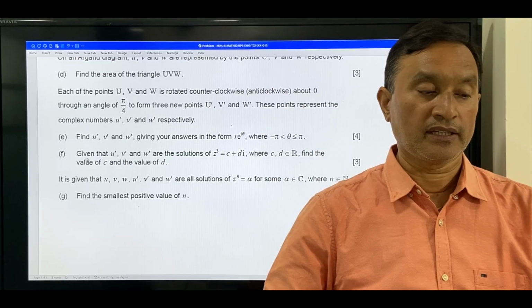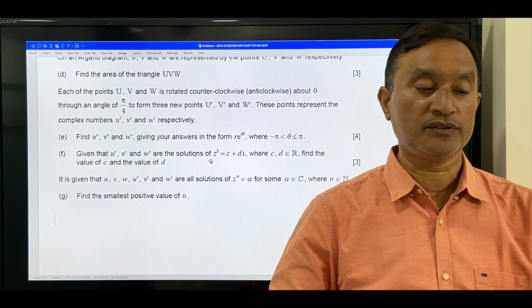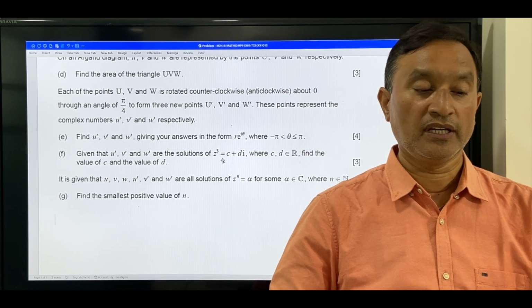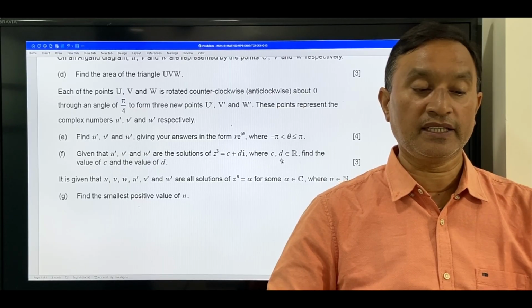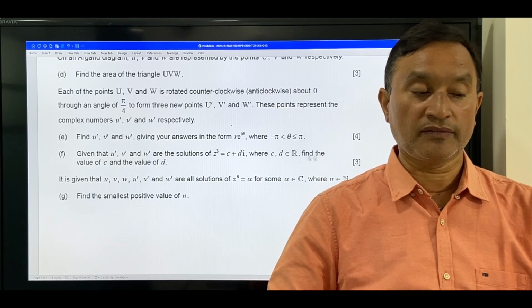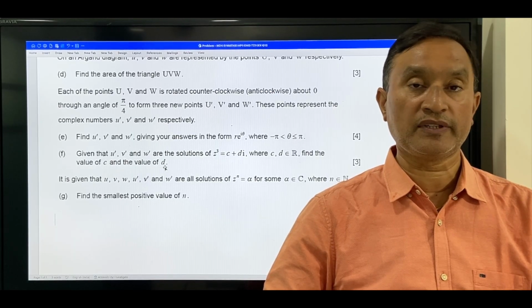F part. Given that u dash, v dash and w dash are the solutions of z cube equals c plus di, where c, d belong to R, find the value of c and the value of d.